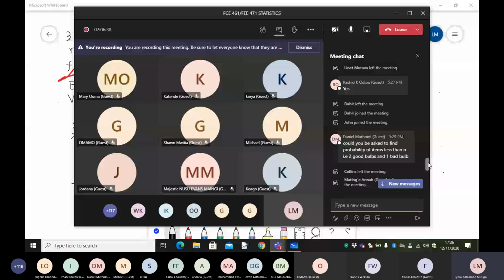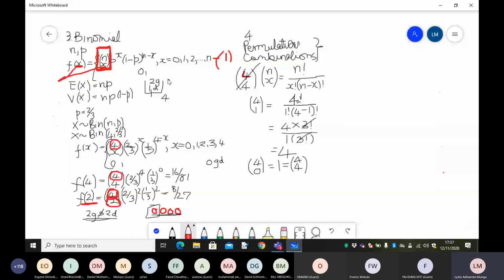In that example of ours, we have 4 boxes. So the boxes are the ones which are 4. In every box, there are 3 bulbs, 2 good ones and 1 bad one. So please don't confuse the boxes. There were 4 boxes, the first, second, third, fourth.